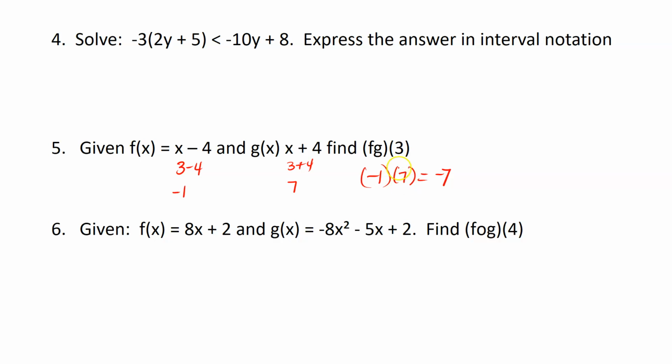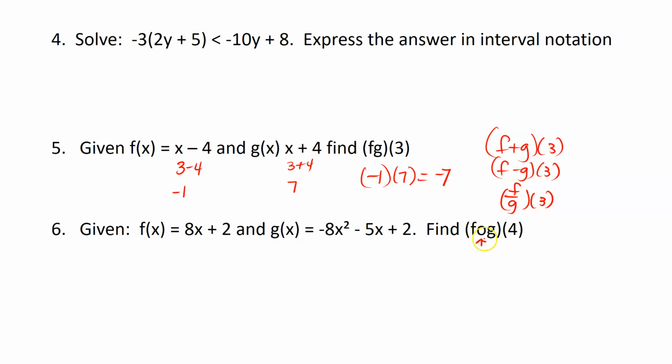You would follow that same process whether I was doing f plus g of 3, f minus g of 3, f times g of 3, or f divided by g of 3. I would take the 3, substitute it in each expression, and then perform the operation.